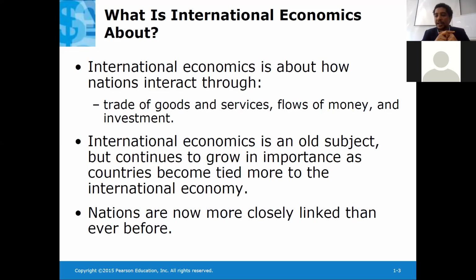And this interlinkage between countries is a determinant of the economic growth of the country, as we have said last week. So being involved in international trade is a determinant factor to the growth and development of a country.